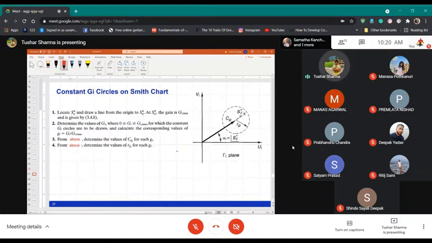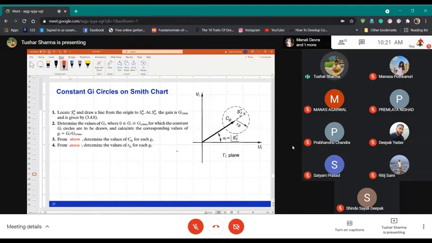Okay. It might be clear with this example. So how do you plot constant GI circles on the Smith chart? You locate SII conjugate and draw a line from the center to the origin of this. At SII conjugate, the gain is GI max, because we know at the conjugate this will be GI max. Now, between this point, the conjugate point, and my gain equal to 0, there will be different gain circles.